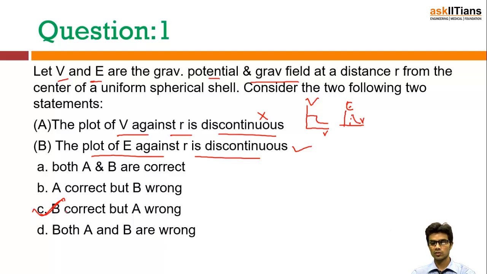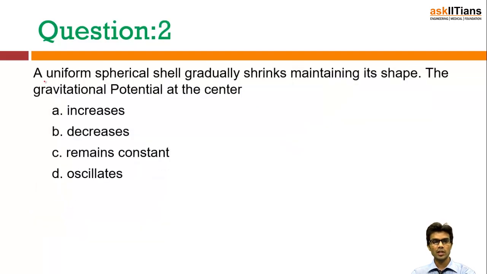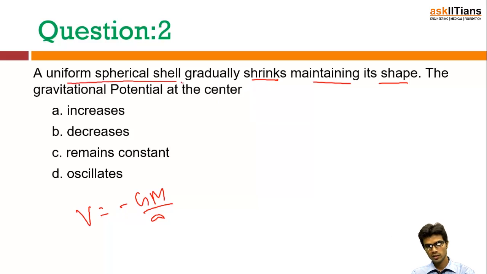Okay, now the next question is, a uniform spherical shell gradually shrinks, maintaining its shape. The gravitational potential at the center is equal to minus GM by a, where a is the radius. When the uniform spherical shell gradually shrinks, its radius will decrease.